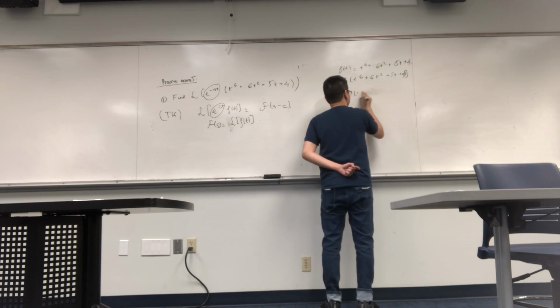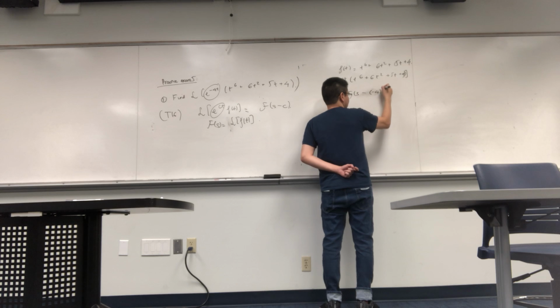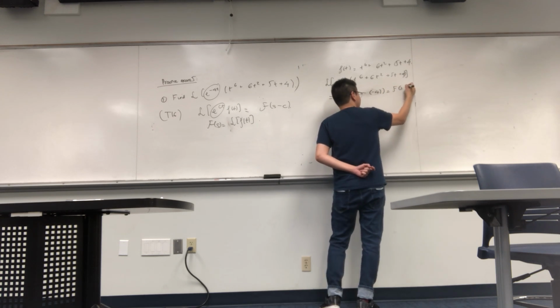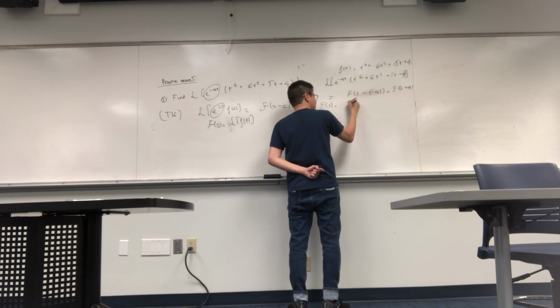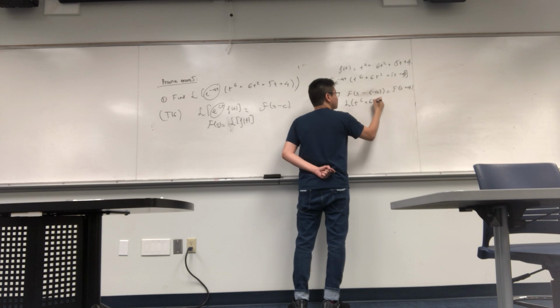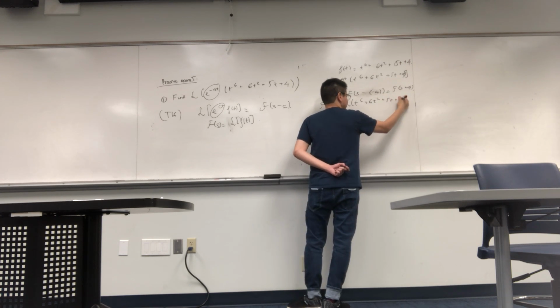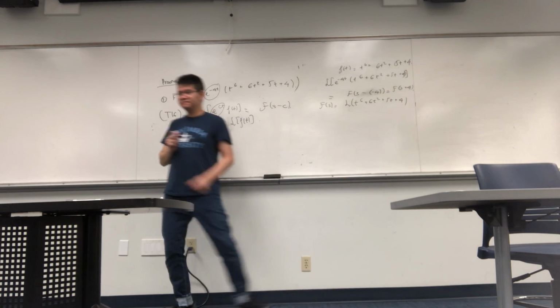Because this is e to the 4t, and F will be the Laplace transform of t to the 6 plus 6t squared plus 5t plus 4, right?